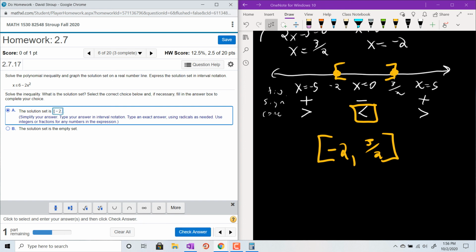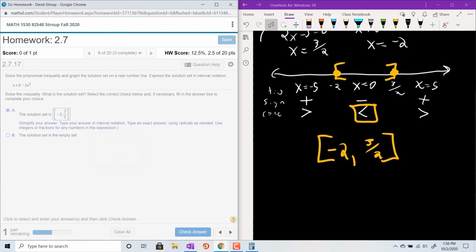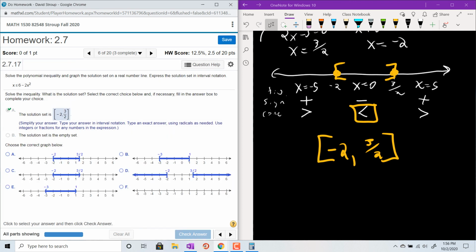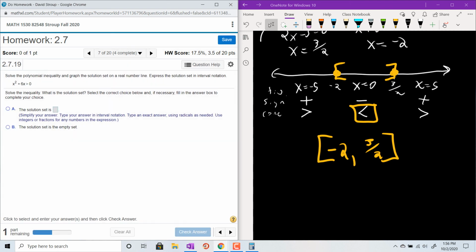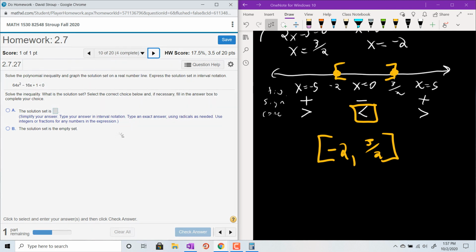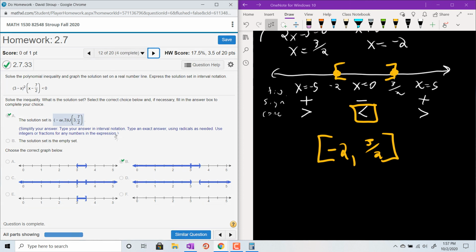Bracket -2, comma 3/2, and bracket. Okay. All right, and then we need the graph of it. We already have the graph. So -2 to 3/2 with them included. Is that it? Yeah, okay. The other types are the rational inequalities. Okay, so let's zoom on over to those.